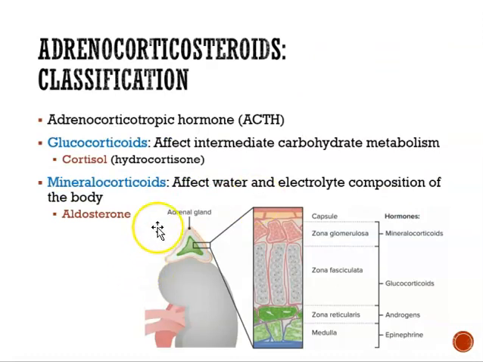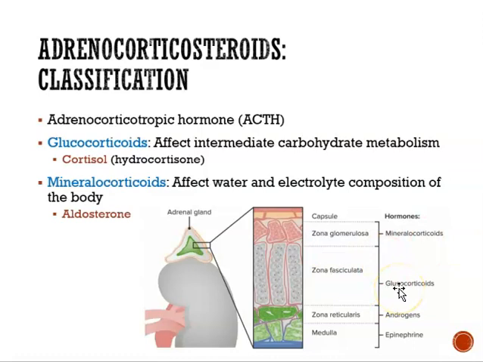Now the adrenal gland releases cortisol, like we said. If we look really closely at the adrenal gland and we zoom in, you'll notice that there are many different zones within the adrenal gland. Depending on which zone is activated, different hormones get released. So for example, the hormones that can get released could be mineralocorticoids.